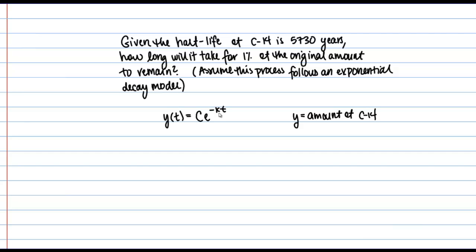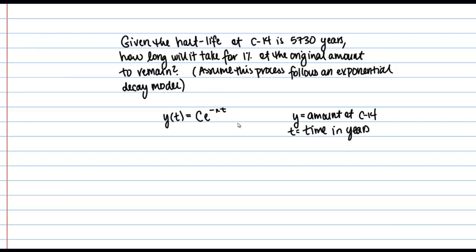And t is going to be the time, we'll say in years. One important thing to notice about exponential decay is that this exponent is negative. That's the difference between exponential growth and exponential decay.